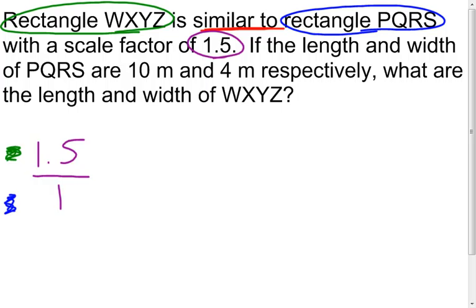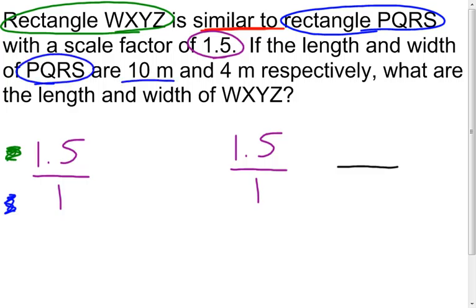Well, I have this ratio here. I'm going to use it. Now remember, this is green over blue essentially. Now the problem tells me that I'm going to look at length first. I know the length of rectangle PQRS, which is like what I had in blue.